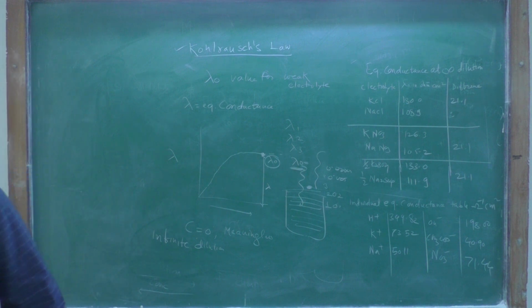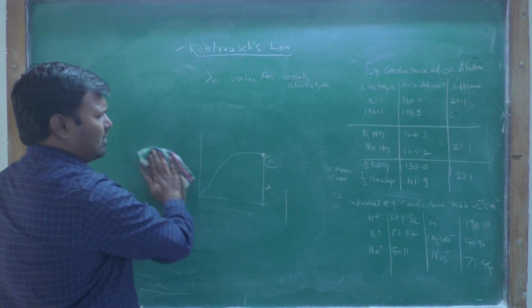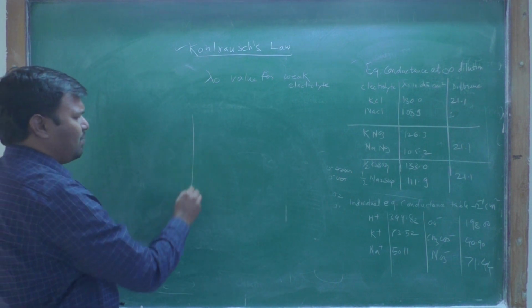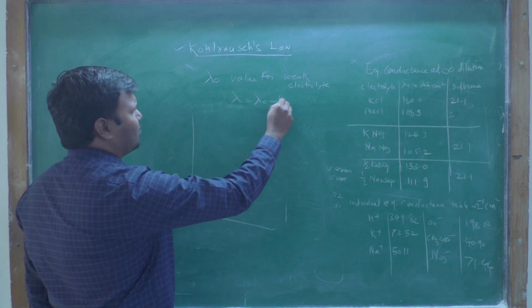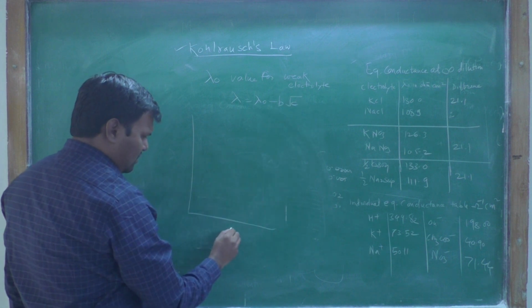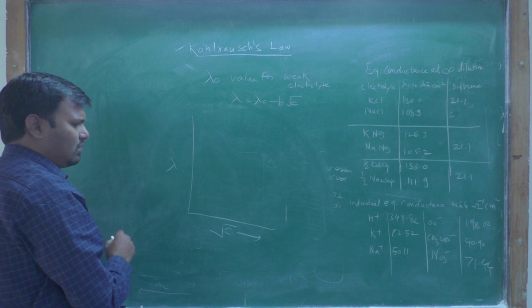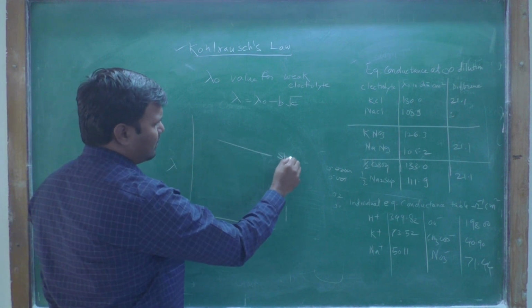In the previous lecture we plotted a graph from the equation lambda is equal to lambda 0 minus B root C. As concentration decreases and dilution increases, the lambda value increases for a strong electrolyte.